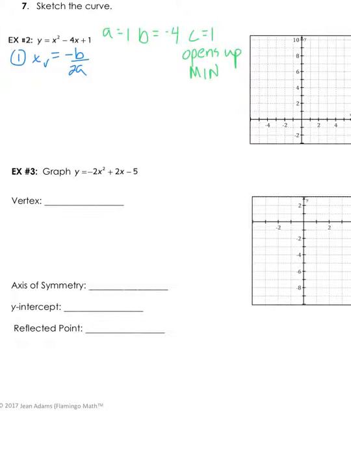So let's plug in. Put in a -4 and a 1. And I get +4 over 2, which is 2. So the next thing is to plug it into the function. Wherever there's an x, you have to put our value of 2.